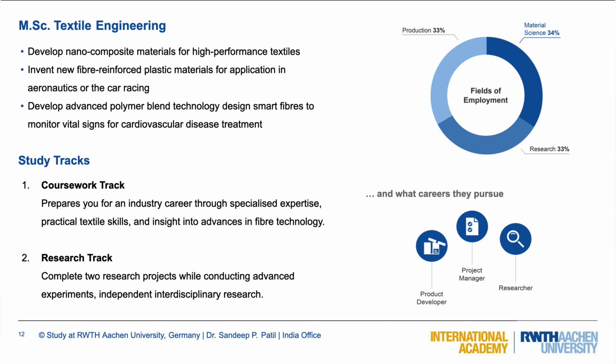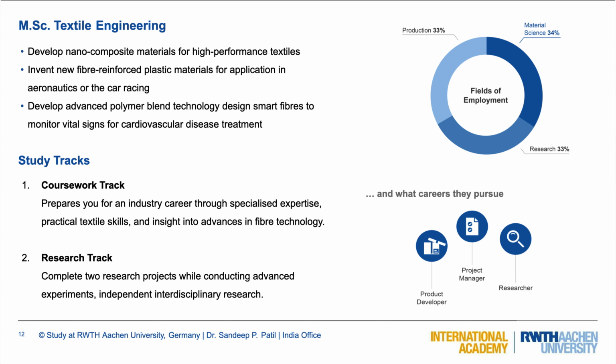And there are two types of tracks. The first one is coursework, which is mainly for people with an industry career. The second one is a research track, where you can focus on completing two research projects, mainly focusing on advanced experiments and independent interdisciplinary research.